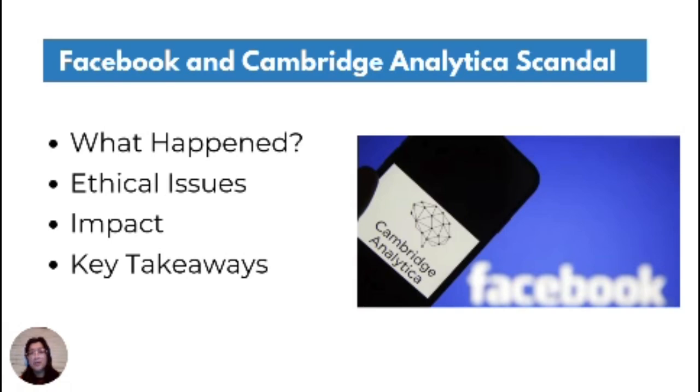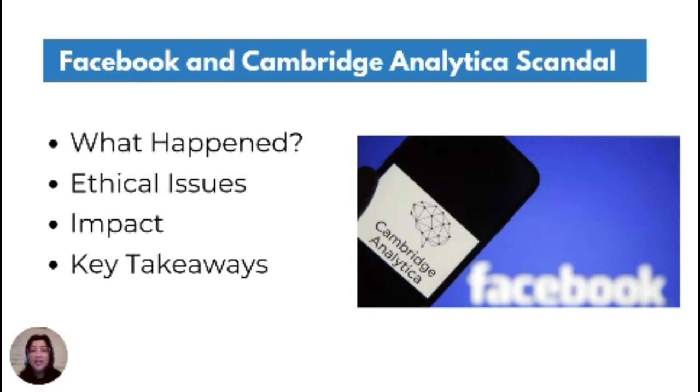This data was later used for political advertising without their consent. So what's the ethical issue? The consumers' privacy was violated and their data was exploited for purposes they never agreed to. The impact is that Facebook faced significant backlash, fines, and regulatory investigations for failing to protect users' privacy.